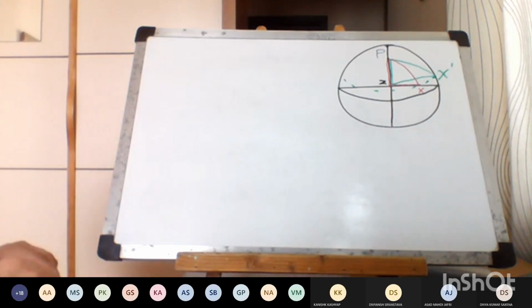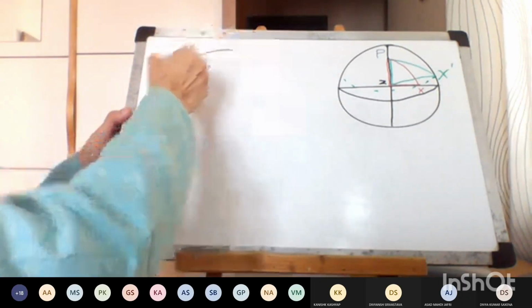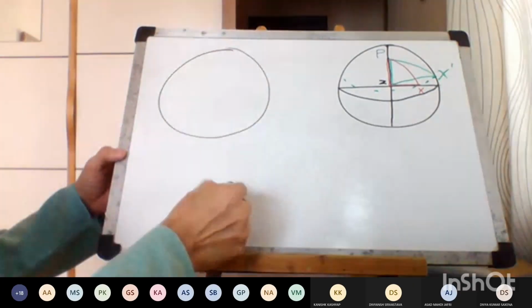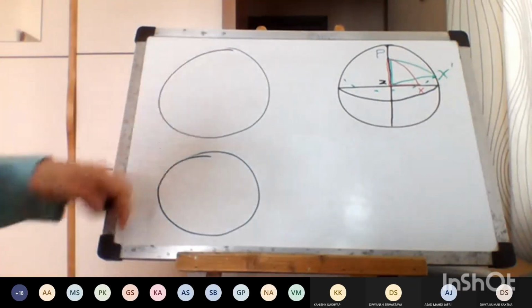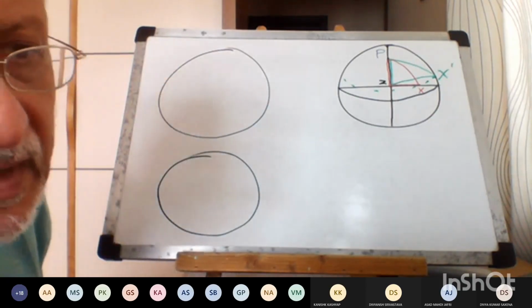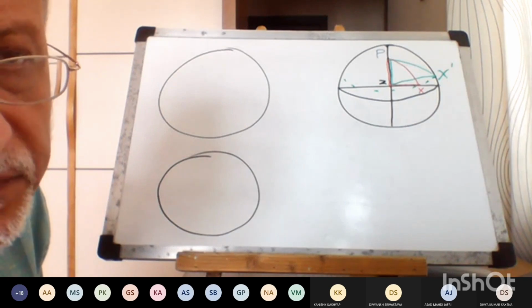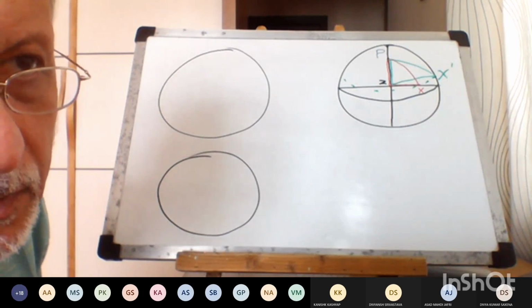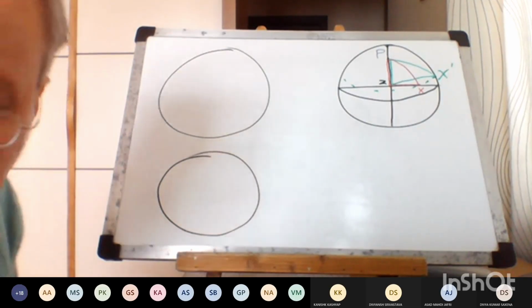For Napier's rule, draw a circle like this. You can see the circles, they're big enough to be seen? Yes, sir. Okay. Now in a spherical triangle, we have 3 angles and 3 sides, so the total number is 6.